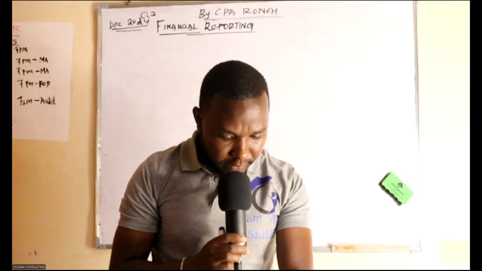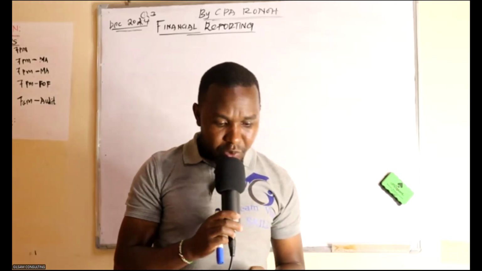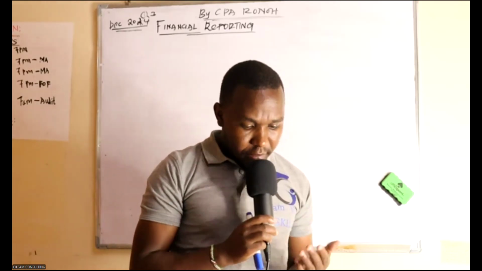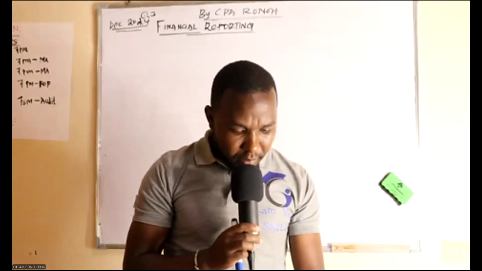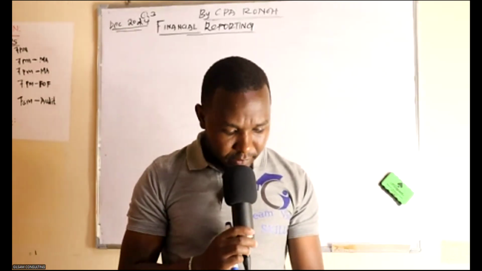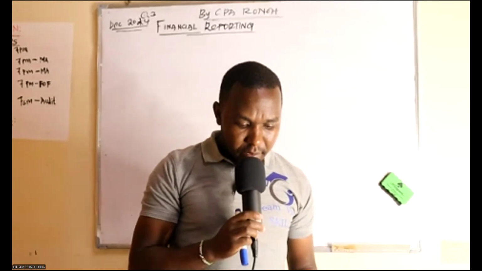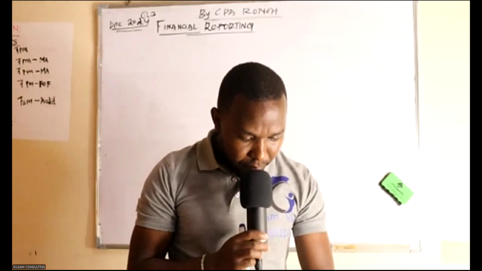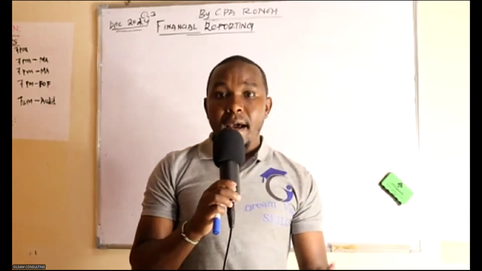Accounting for assets and liabilities, which is going to cover investment property, current and deferred tax, government grants, and provisions and contingent liabilities.